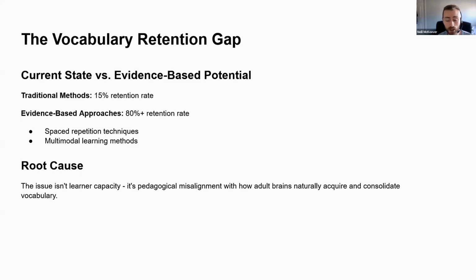So I'm going to also focus mostly on adult learners here, maybe teen learners as well. It could apply to all ages, of course, but as I said, the focus here is adults because, of course, the way adult brains work and how they acquire and consolidate new vocabulary is quite different from when they do this as children.